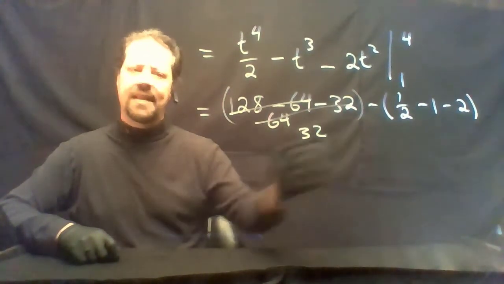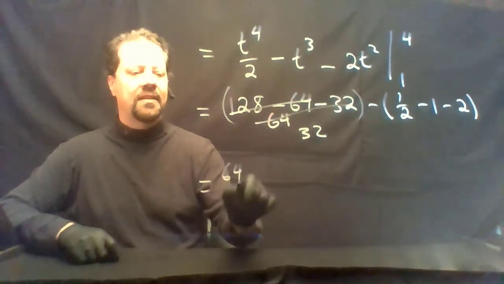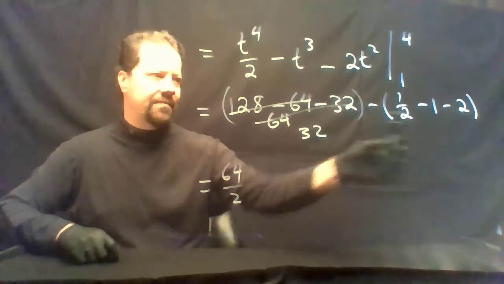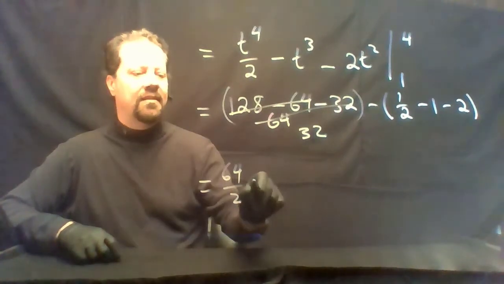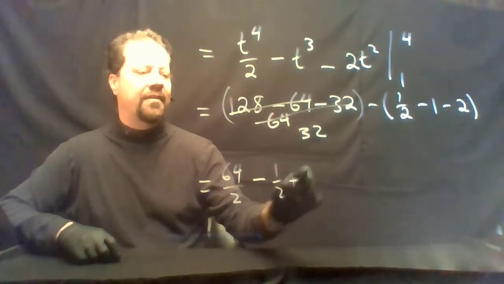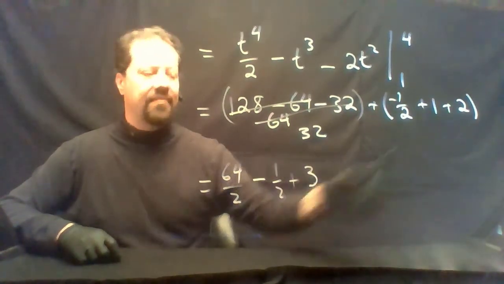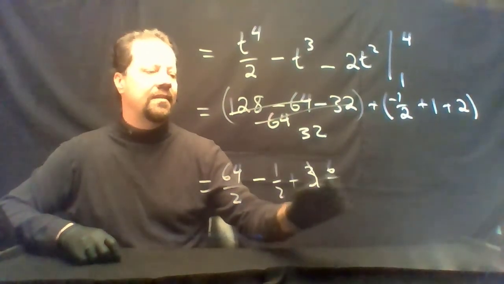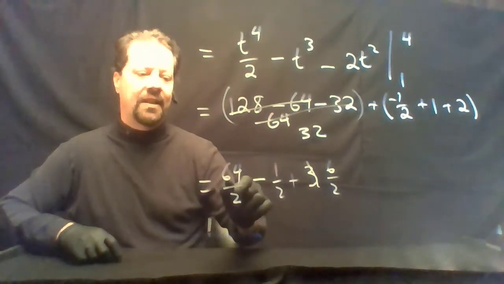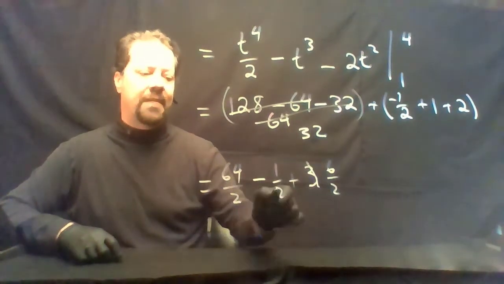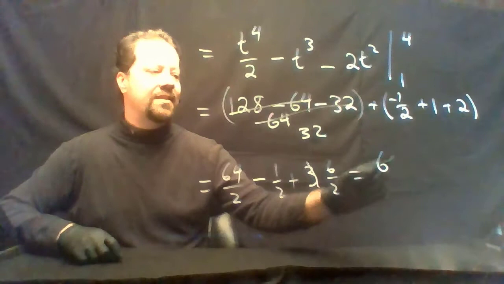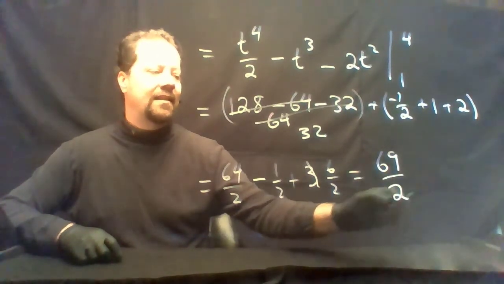How many halves is that? 64 halves minus 1/2 plus 3. 3 is 6 halves. We'll have 70 halves minus 1/2 is 69 halves.